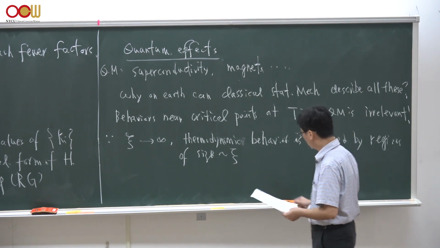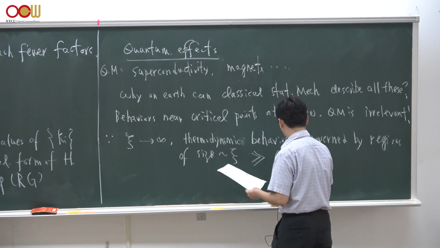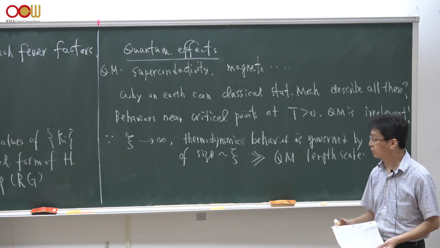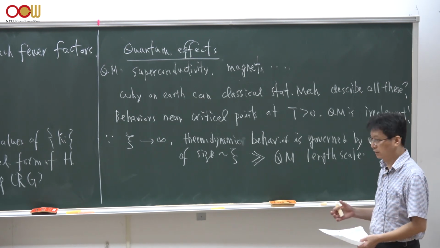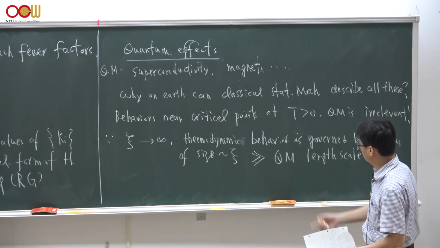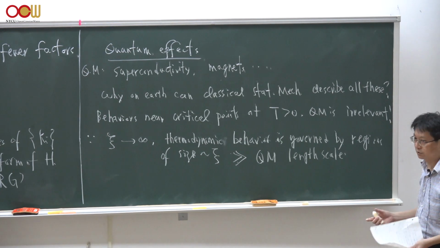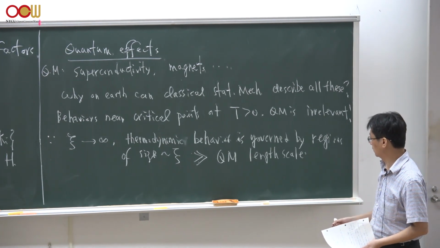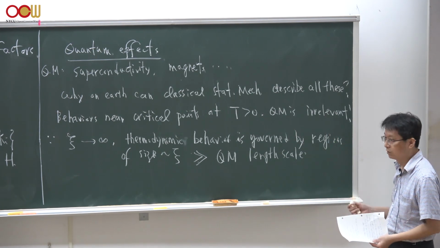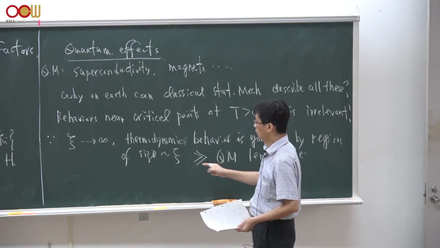But the correlation length diverges at the transition, which is much larger than the typical quantum mechanical length scale. Namely, when the whole system reaches the critical temperature, the correlation length ξ diverges there. The divergence of this correlation length governs all the thermodynamic quantities and behaviors near the transition. On the other hand, quantum mechanics only governs length scales much smaller than the diverging correlation length.